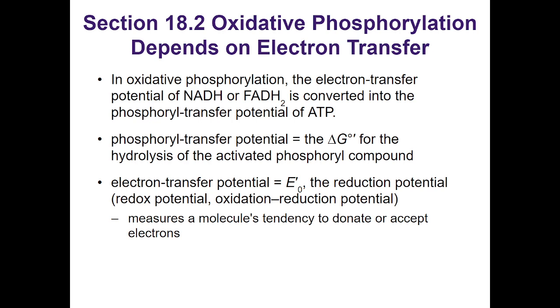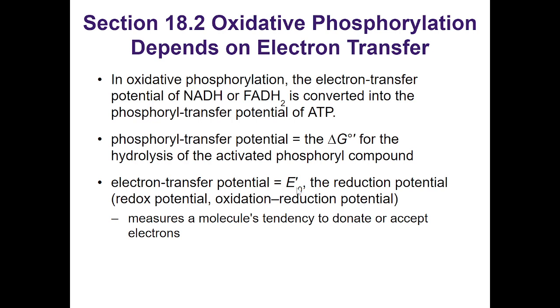Phosphoryl transfer potential is the delta G naught prime for the hydrolysis of the activated phosphoryl compound. The electron transfer potential is going to be the E naught prime, the reduction potential, or redox potential, or oxidation reduction potential.